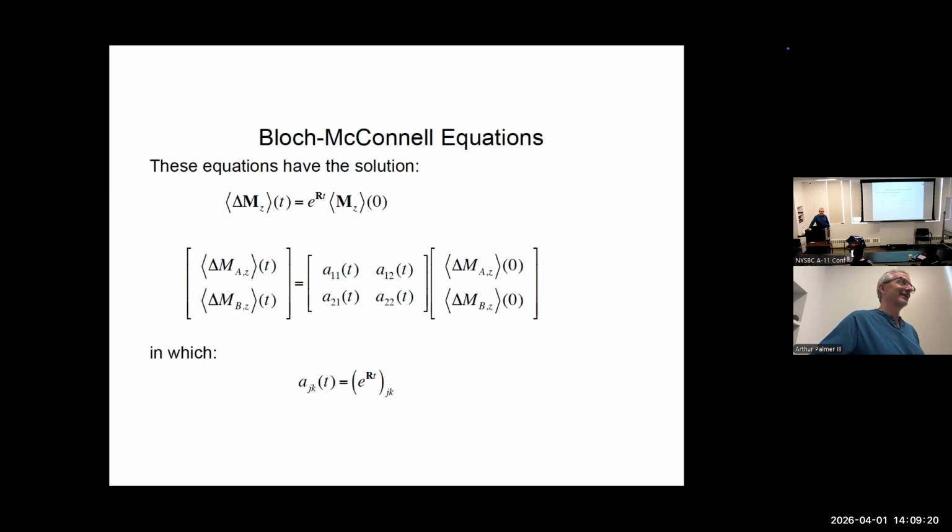They don't have units, right? R is a rate. Rate times the time is unitless. The exponential is unitless. So these things are unitless. They're just the matrix elements of the matrix. And we can write them down for a 2 by 2 matrix. You can just ask Mathematica or ChatGPT what the actual matrix exponential looks like.